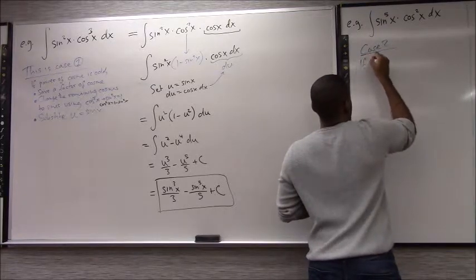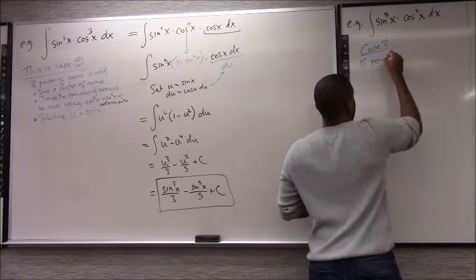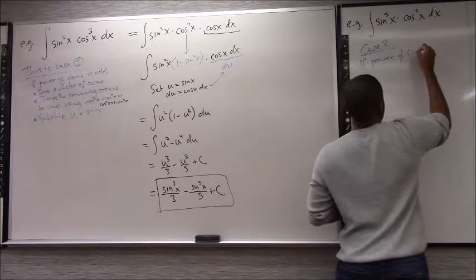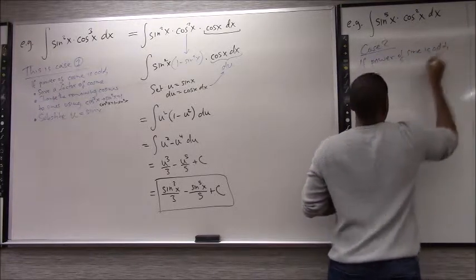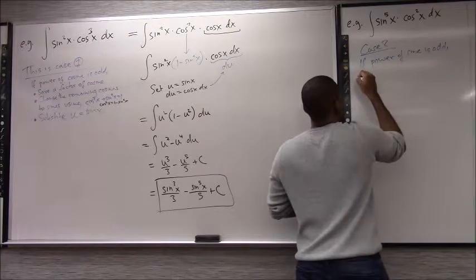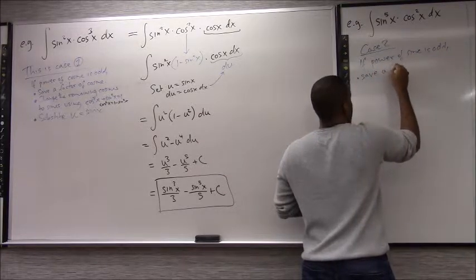The idea is if the power of sine is odd, you're going to save a factor of sine.